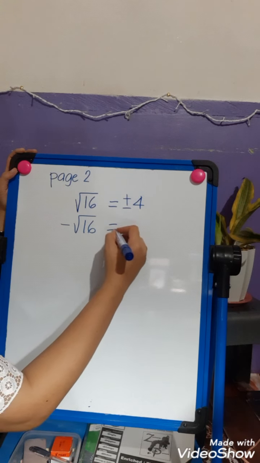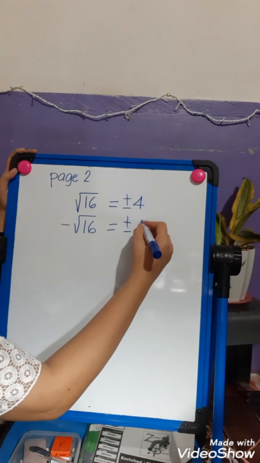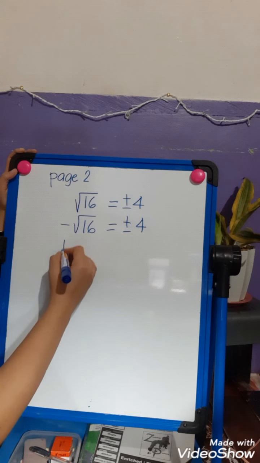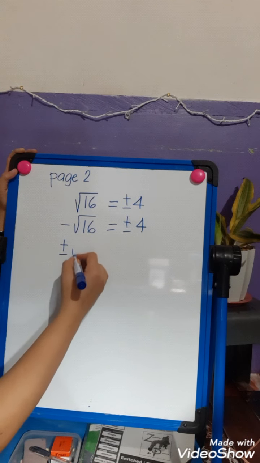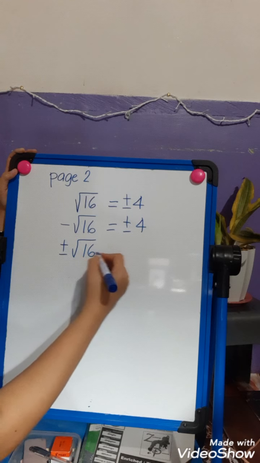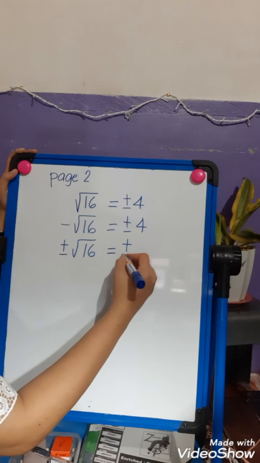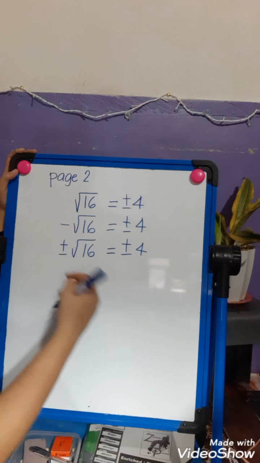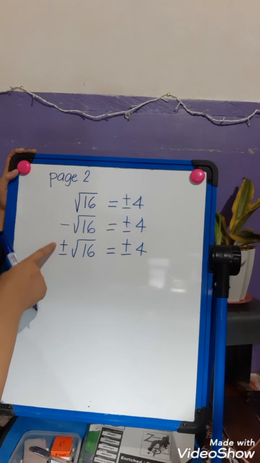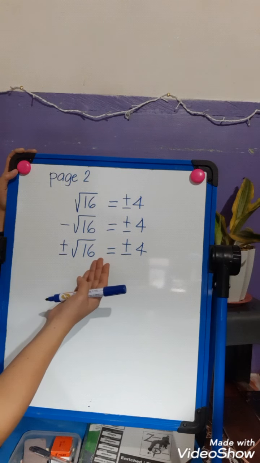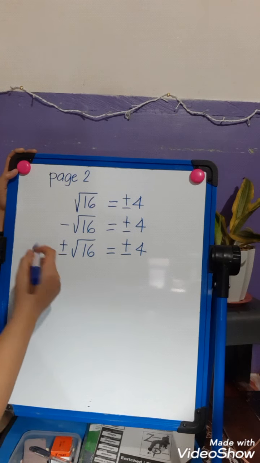Still, the answer will be plus and minus 4. And lastly, the positive and negative square root of 16. So, again the answer is plus and minus 4. The signs outside will not affect the original value of the square root of a perfect number. So, I'll give you an example.